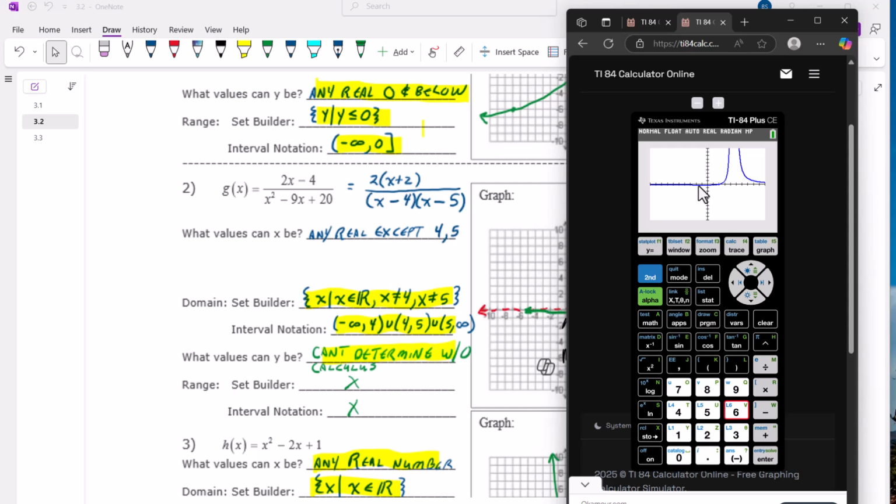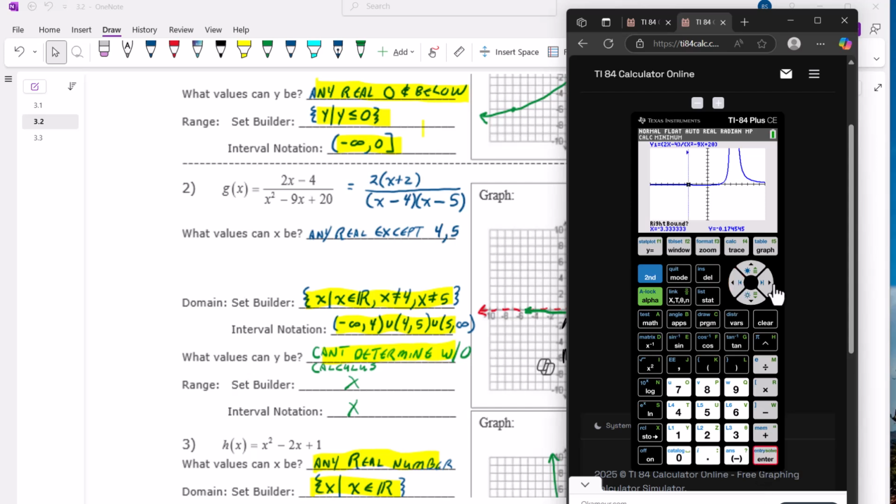But now the graphing calculator will figure that out for you. I'll show you how to do that. So if you go second trace, there's a minimum feature on this. And what you have to do is get your cursor so that you know you're to the left of that minimum. So I can tell I'm to the left of that minimum.